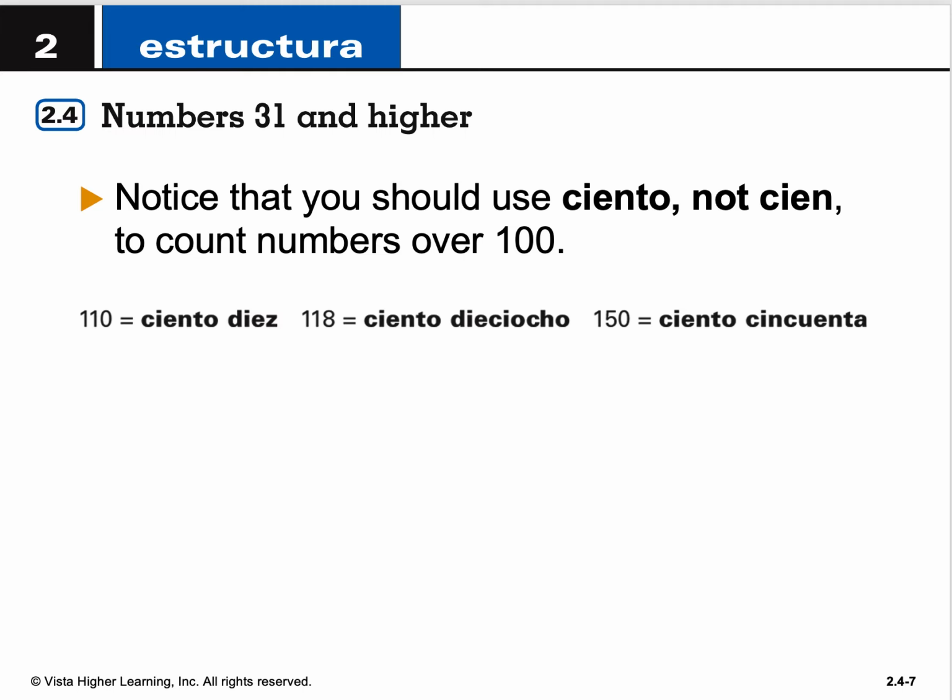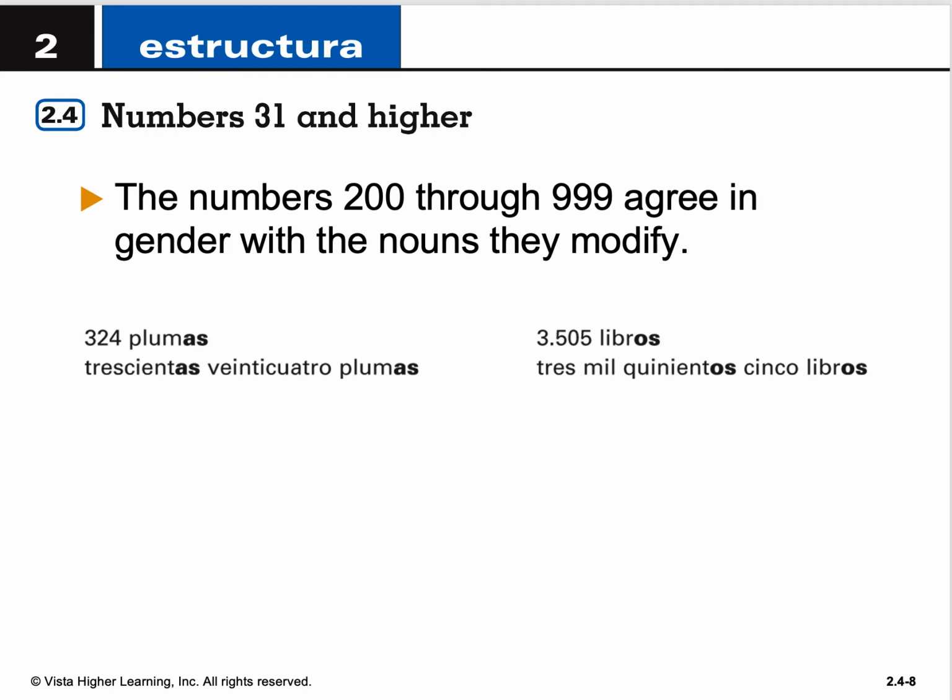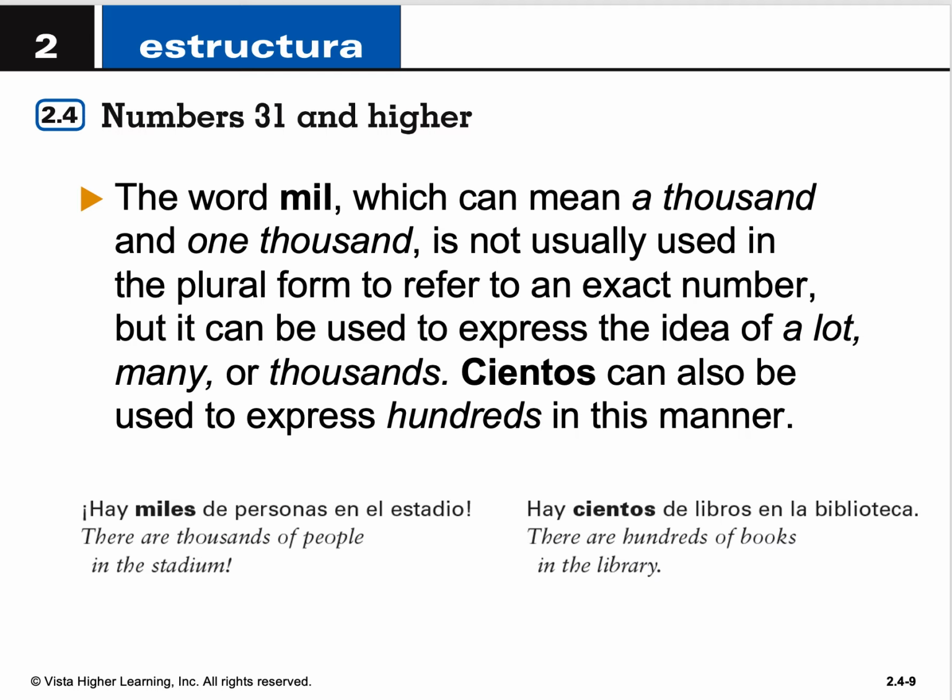Even though in English we don't say that, that's the equivalency in Spanish. The numbers 200 all the way through 999 use the same gender with the nouns they modify. So I'd have trescientas plumas for 300 instead of cientos. So you will have to change the ending to match the masculine or the feminine noun.